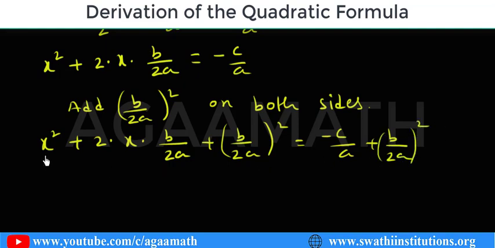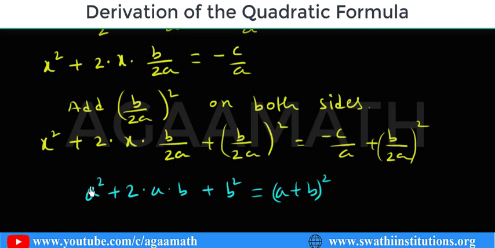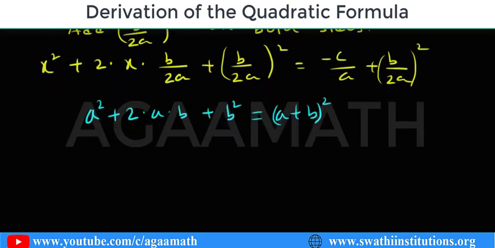So this is in the form of a square plus 2ab plus b square, right? a square plus 2ab plus b square is nothing but a plus b whole square. It's very simple now.